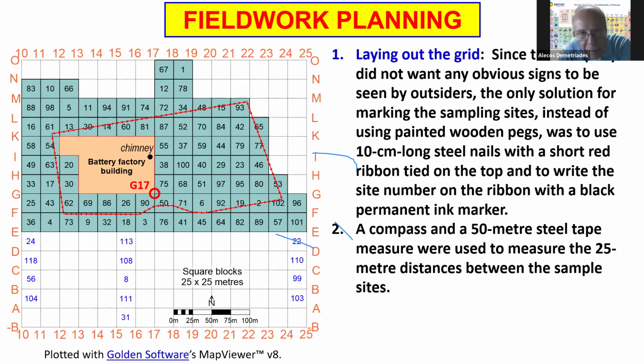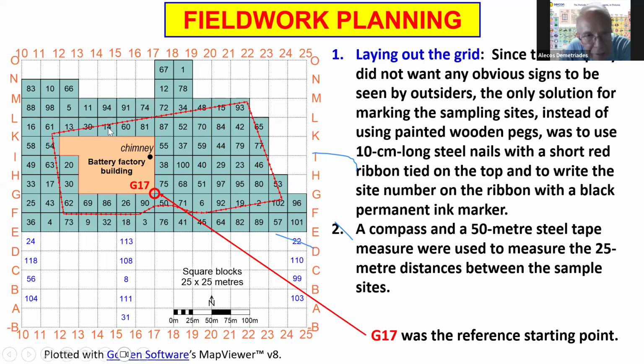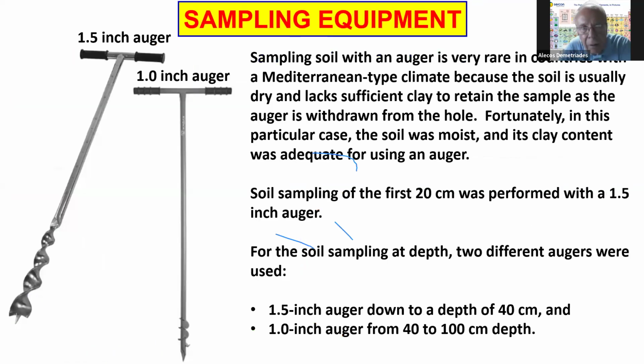Now we use a compass and a 50-meter steel tape measure to measure the 25-meter distance between the sample sites. And this G17 was the reference starting point. Now, sampling with an auger in Mediterranean countries is something that is not usually done because the soil is usually dry and lacks sufficient clay to retain the sample as the auger is withdrawn from the hole.